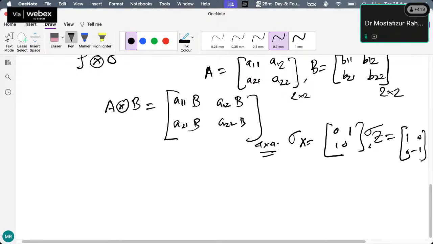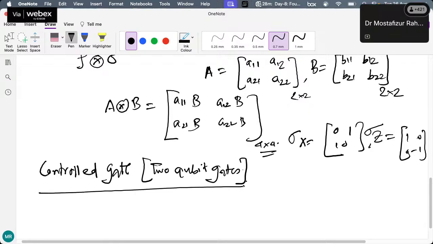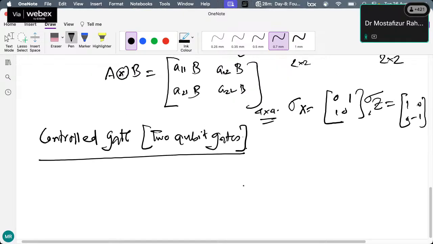There is a special 2 qubit operator called the controlled gate, which is a special 2 qubit gate, right? It applies to the composite quantum system, not a single qubit, but a composite or 2 qubit system.